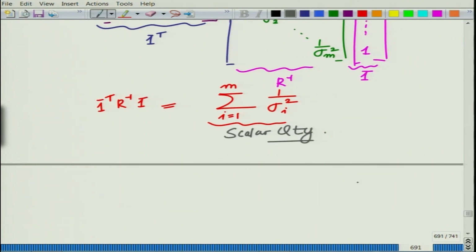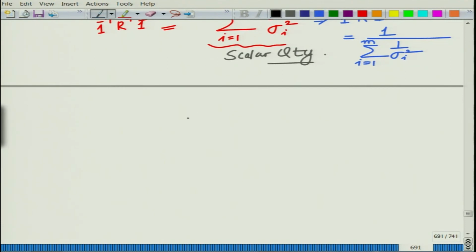Therefore, the inverse of 1 bar transpose R inverse 1 bar I can write as 1 over summation i equal to 1 to m 1 over sigma i square. So, this is a scalar quantity, so I can simply take its reciprocal. I cannot normally do that, but in this case, because it is a scalar quantity. What about the other quantity, that is your 1 bar transpose R inverse y bar?